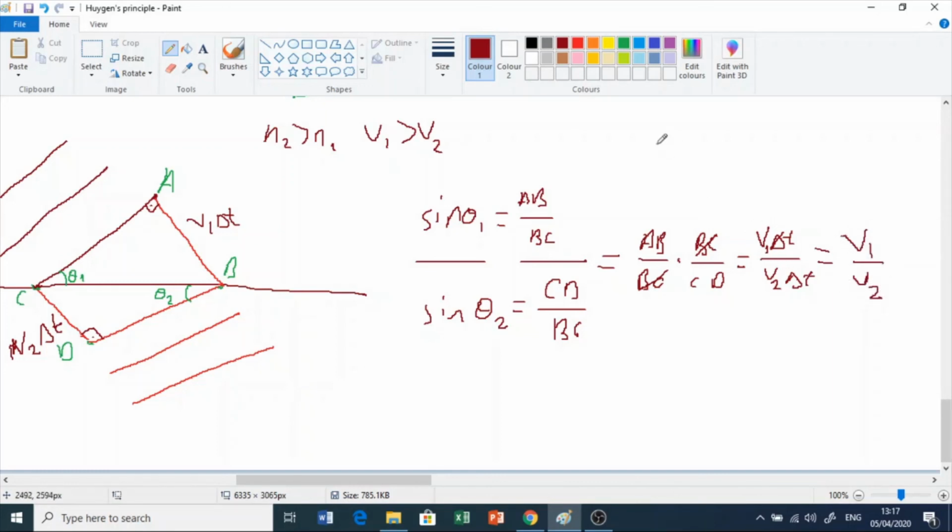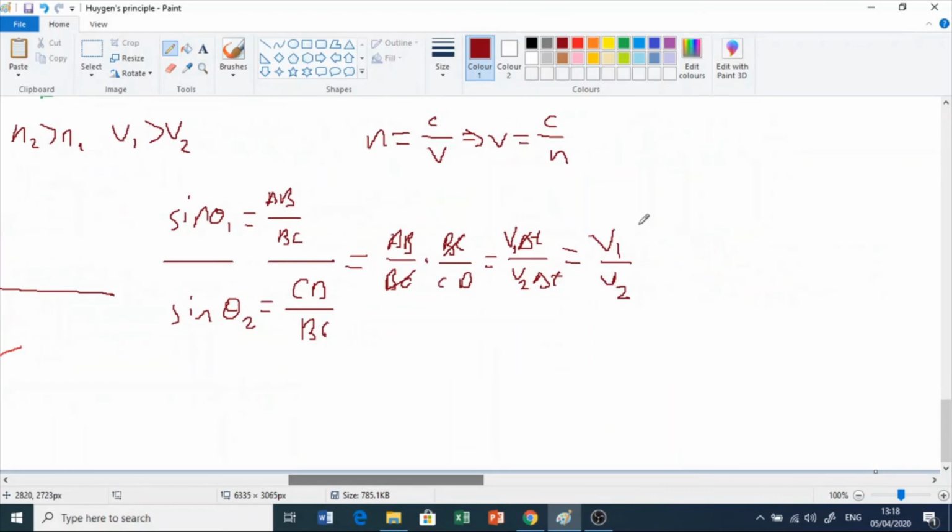Remember from our previous video, I explained n is equal to c over v, or from here you can write v is equal to c over n. Now instead of v1 I can write c over n1 divided by c over n2, which is v2. Then when we cancel the c's, we get n2 divided by n1.